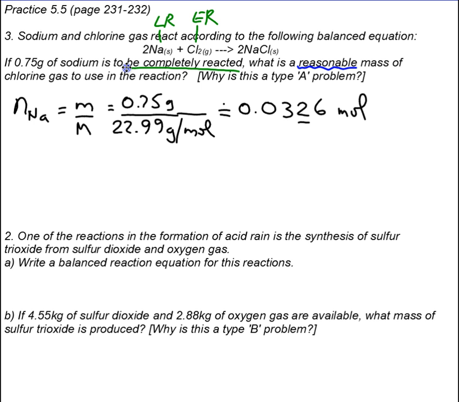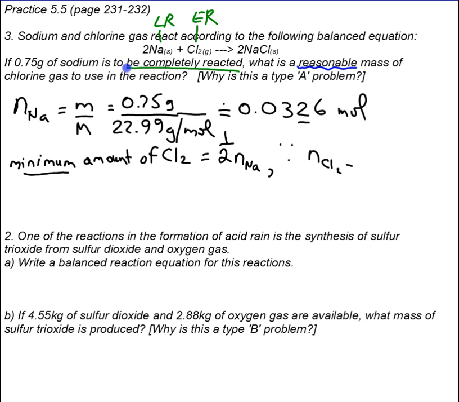digits. Now, according to this, we would need, and I can state this as a minimum amount, of Cl2 is half the number of moles of sodium. Okay, so sodium is in a 2-to-1 ratio, since moles of chlorine is half moles of sodium.